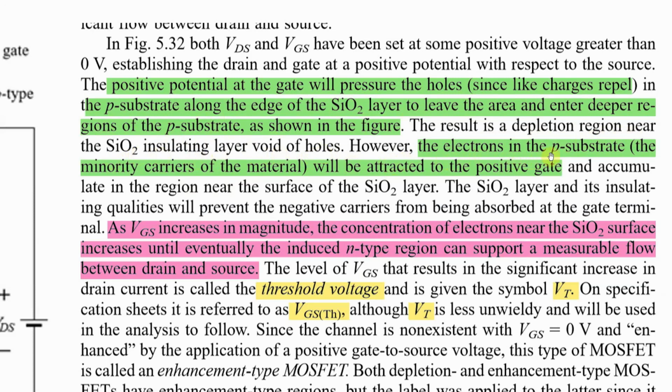However, the electrons in the P substrate, the minority carriers, will be attracted to the positive gate and accumulate in a region near the silicon dioxide layer. The layer and its insulation qualities will prevent the negative carriers from being absorbed in the gate. So it will not be absorbed in the gate. So it will remain there.